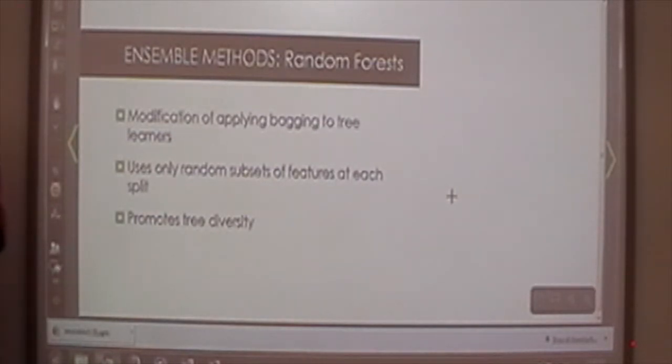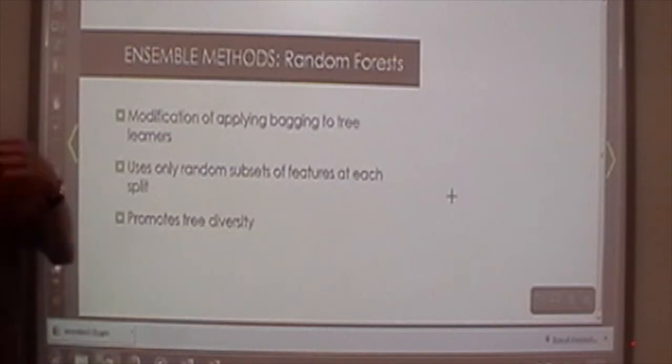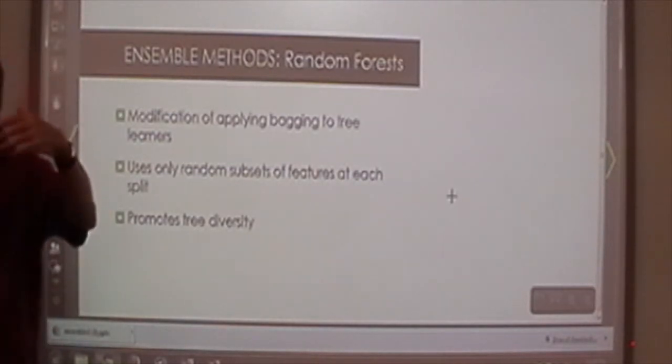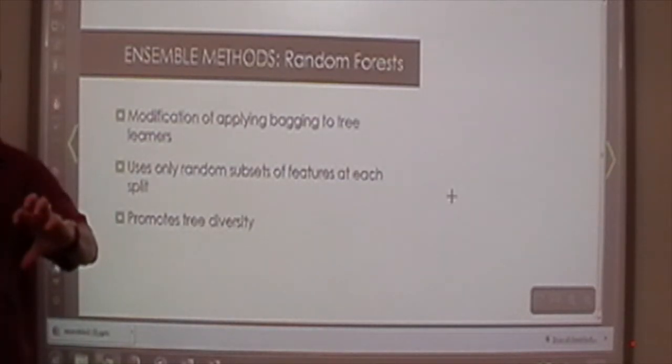So what we need to do here is use random subsets of our features, because otherwise things are going to split primarily along the same paths each time. By randomizing the subsets of the features, that's going to allow us to create different decision trees, if that makes sense. Yeah?